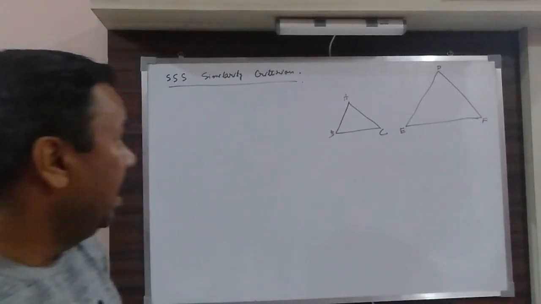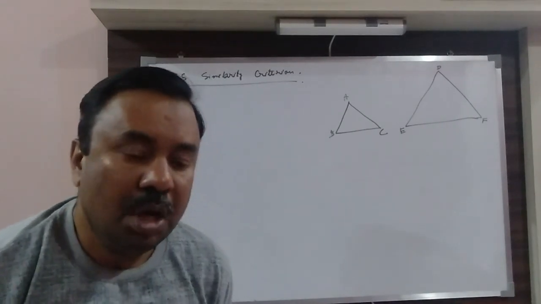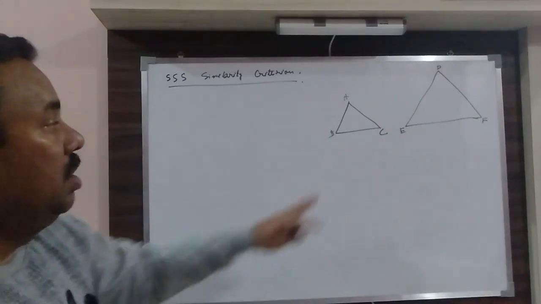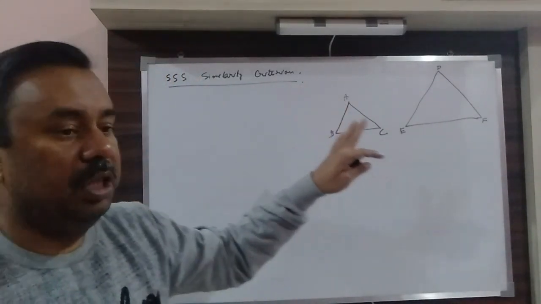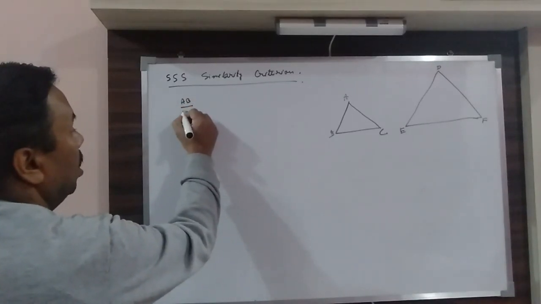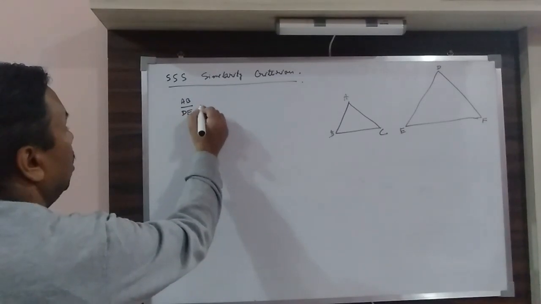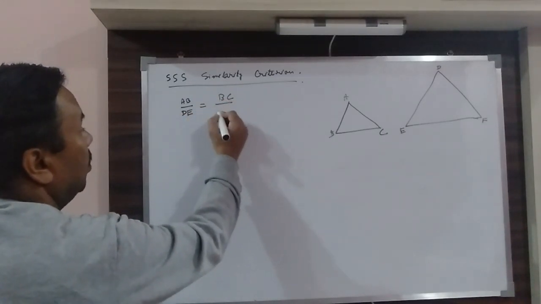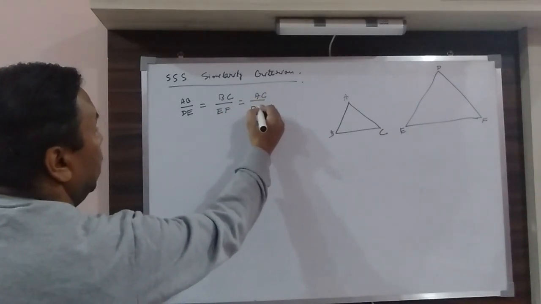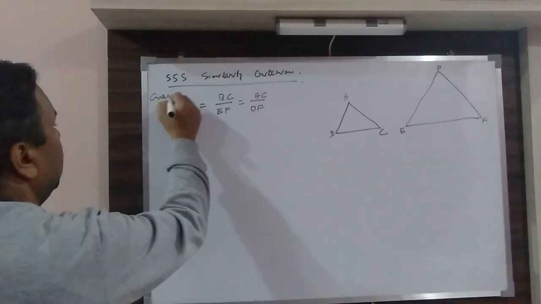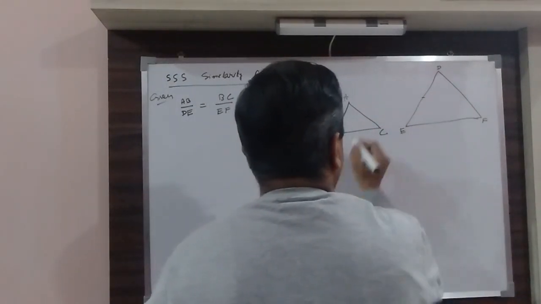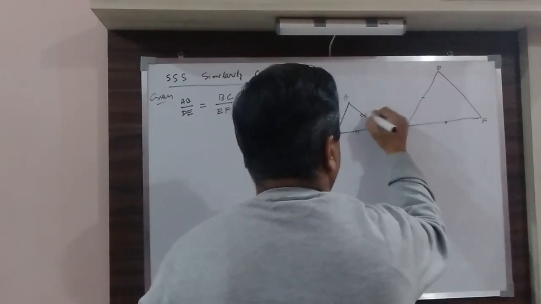Next criterion is the SSS similarity criterion. What will be given to you in this? For these two triangles, the ratios of the corresponding sides are equal. That means AB over DE will be equal to BC over EF, and this will be equal to AC over DF. It has been given to you.